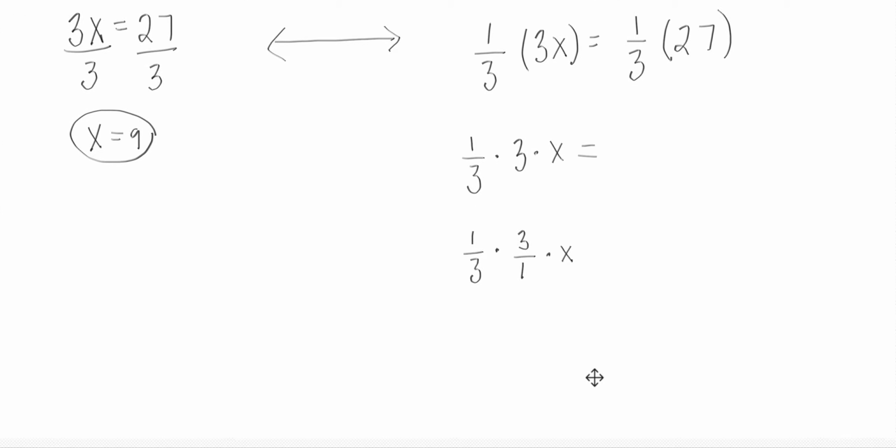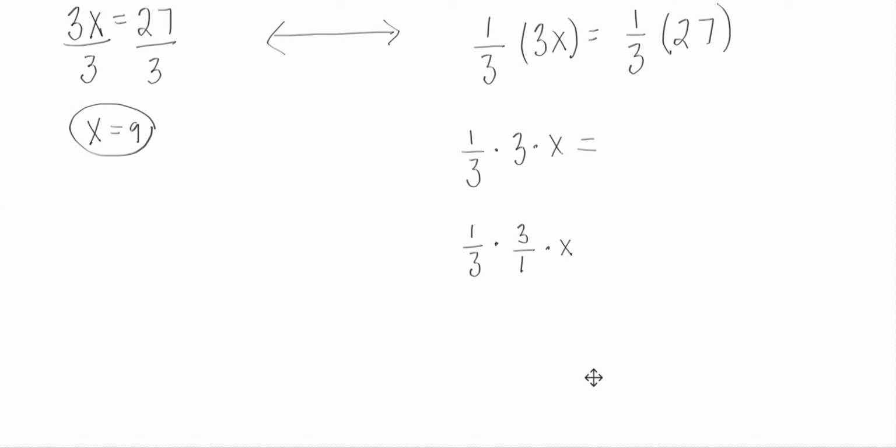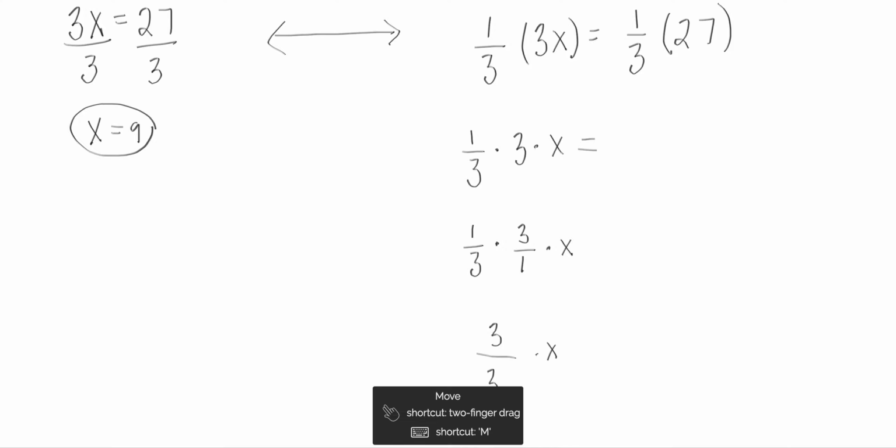And if you know your fraction multiplication really well, you know that you just need to multiply the top numbers. 1 times 3 is 3, and then you just need to multiply the bottom numbers, called the denominators. 3 times 1 is 3, and then we still got the x there.